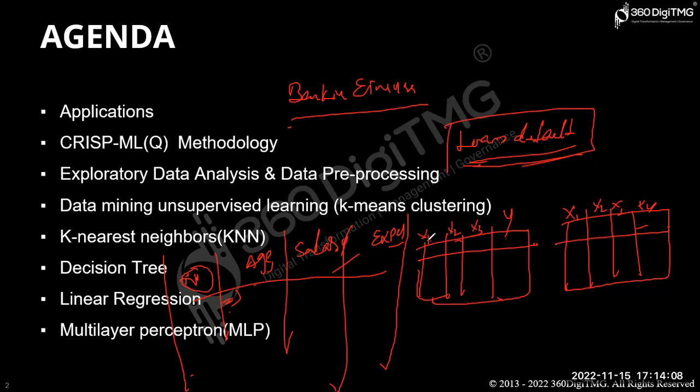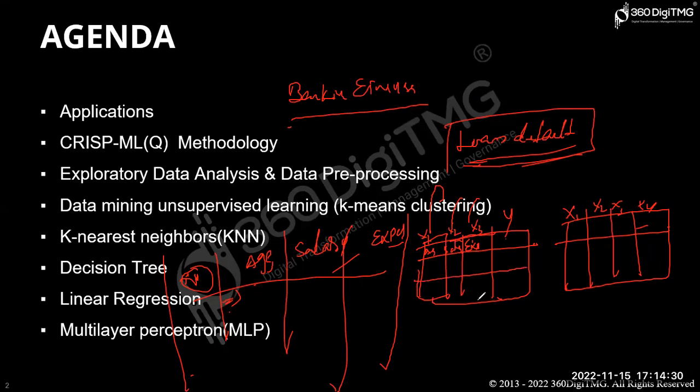I'm considering here just three: age, salary, and experience. Based on these features, I have to tell whether that particular person is going to default on the loan or not.